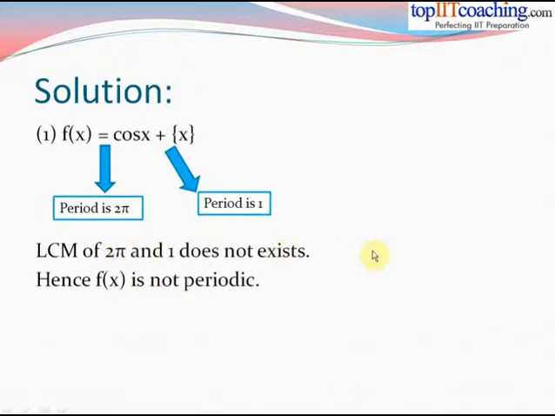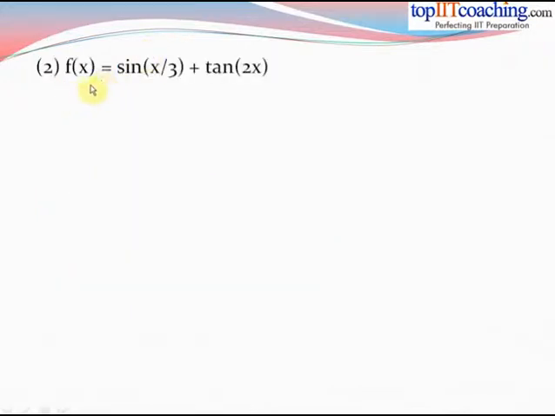The next part is f(x) = sin(x/3) plus tan(2x). Now we know that the period of sin x is equal to 2π. So the period of sin(x/3) is equal to 2π divided by 1/3, and that is equal to 6π. And similarly, we know that the period of tan x is equal to π.